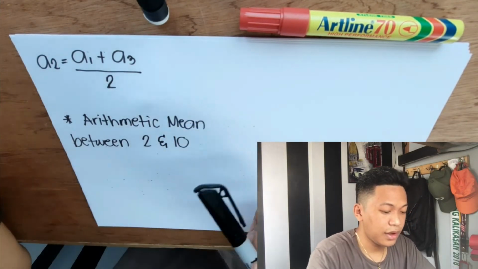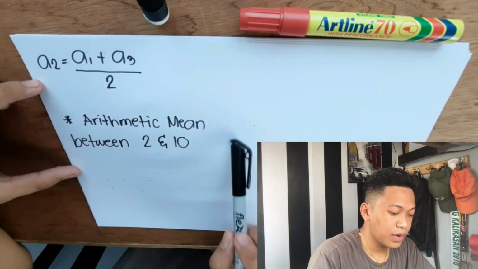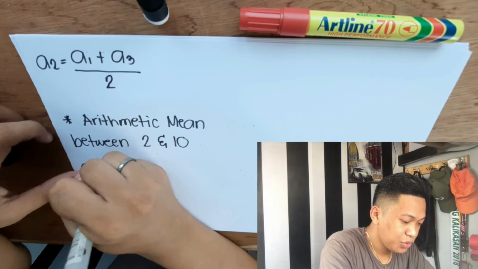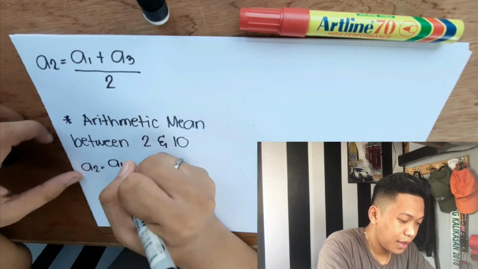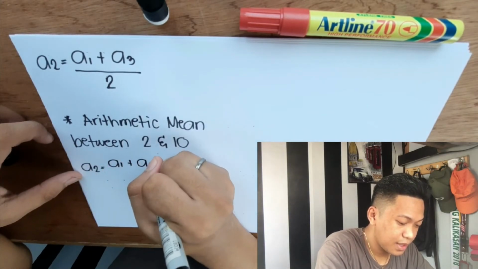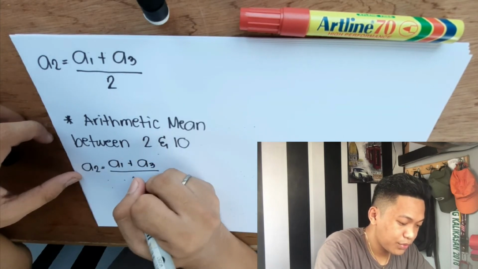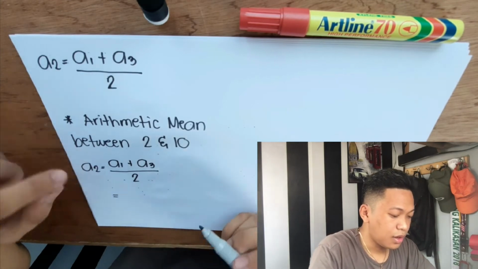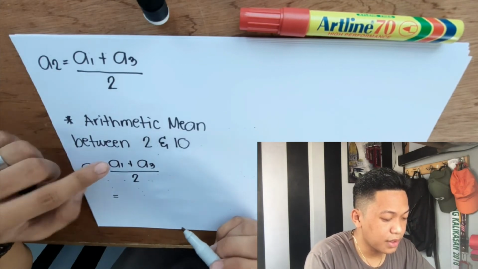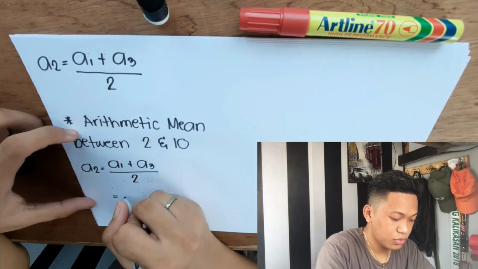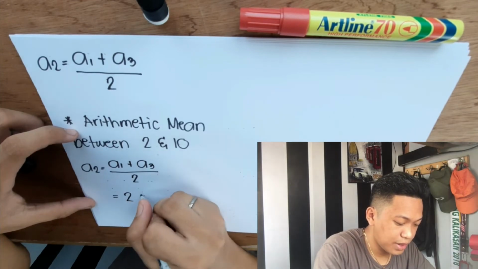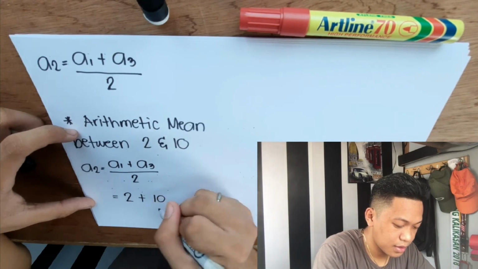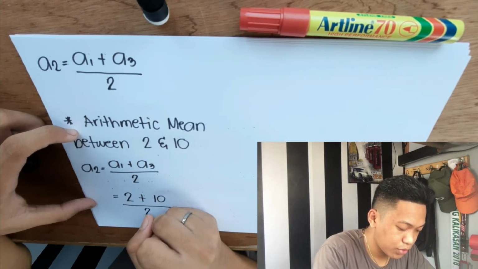And to find the arithmetic mean of this, we will use the formula A2 is equals to A1 plus A3 over 2. Let's substitute. Our first term, A1, is 2 plus our A3 is 10 over 2.